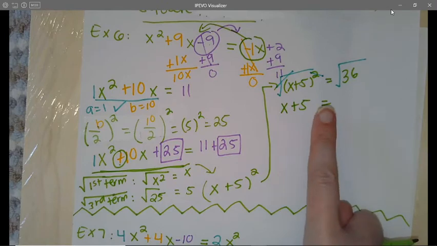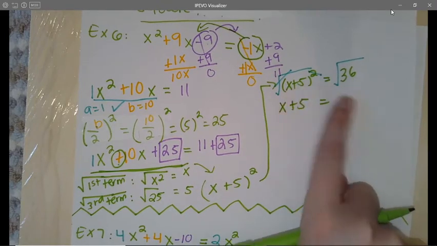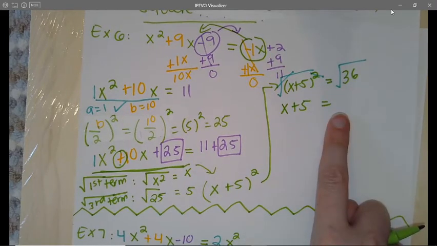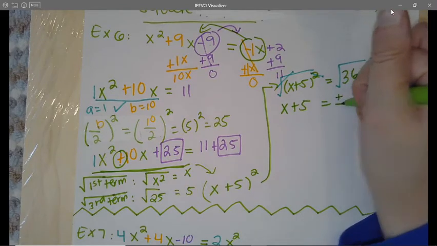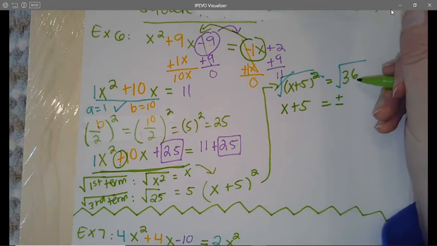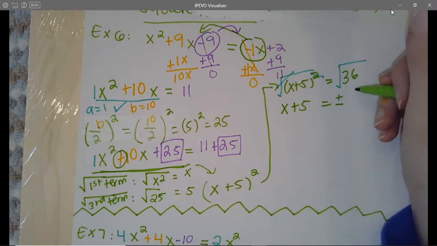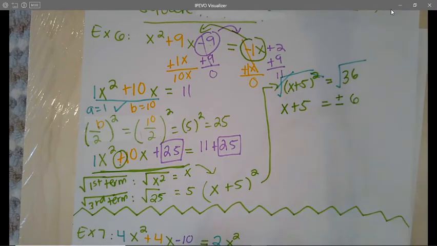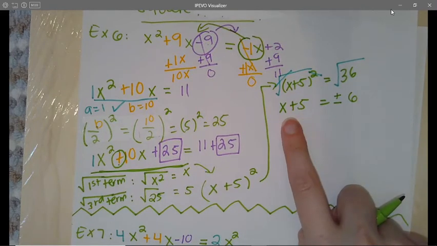Now, don't forget, when you square root both sides of an equation, what will appear on the right-hand side? Exactly, a plus or minus will appear. And then, what is the square root of 36? That would be 6. From here, I just need to get x by itself.